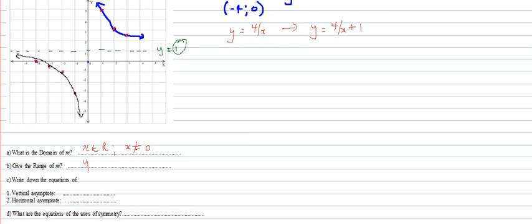For our range, we can see also that y is an element of real numbers, and this time y is not equal to 1, as determined by our line y equals 1, the horizontal asymptote. So all y values are part of this function except y equals 1.